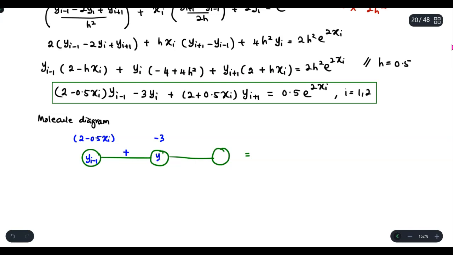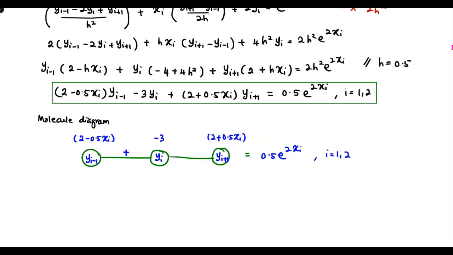Then this is yi plus 1, the coefficient is 2 plus 0.5 xi. At the right hand side you have 0.5 exponent to xi, where i is 1 and 2. Alright, so that is your third step.